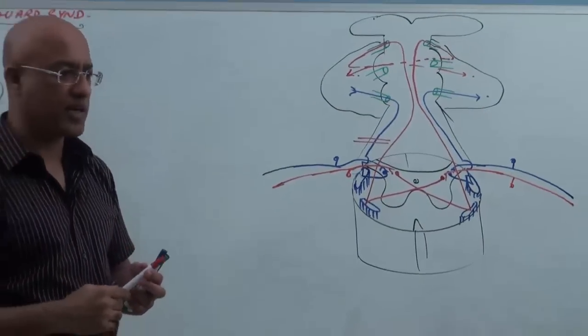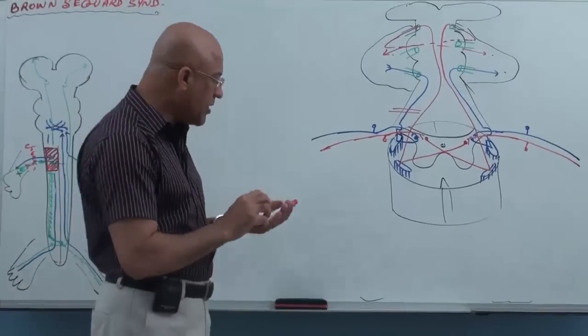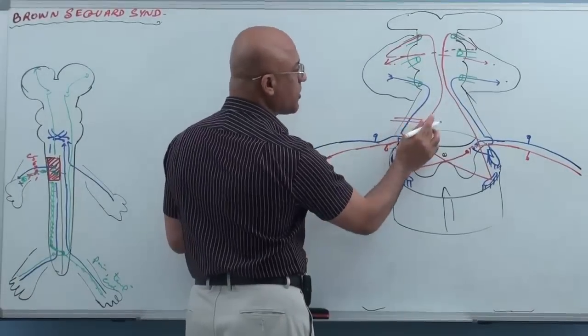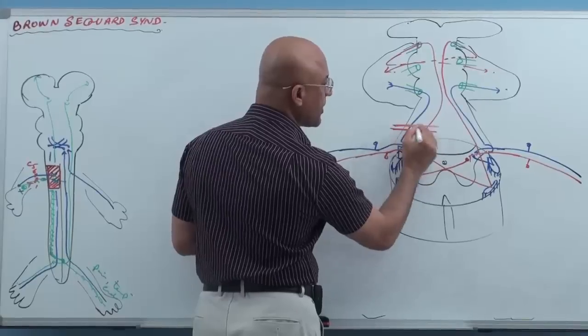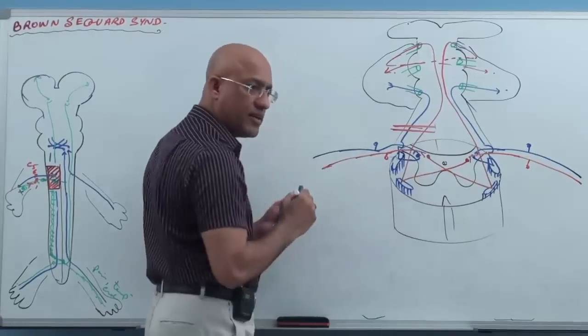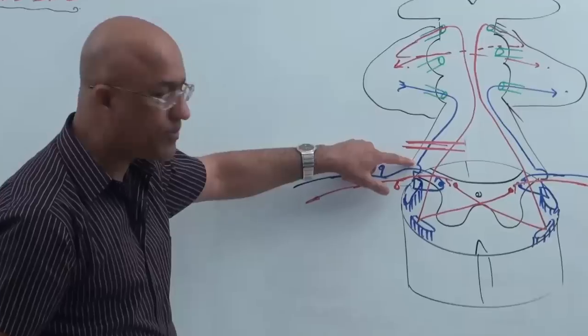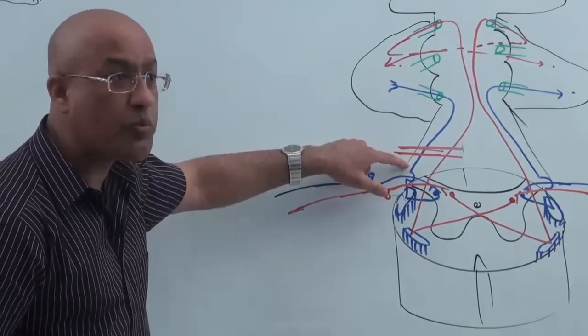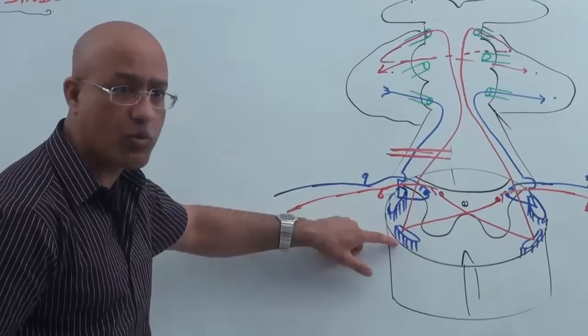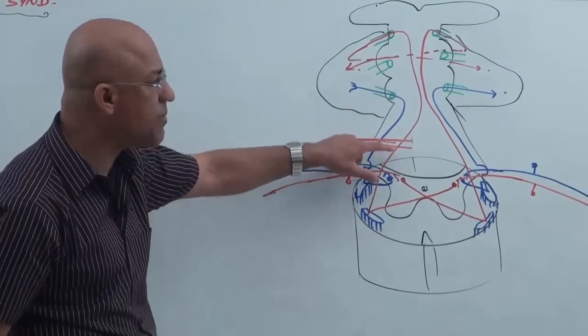Now, it has a clinical implication. What is the clinical implication? If the injury is on the right side of the spinal cord, hemisection on the right side, then the dorsal spinocerebellar tract as well as the ventral spinocerebellar tract, both are damaged.